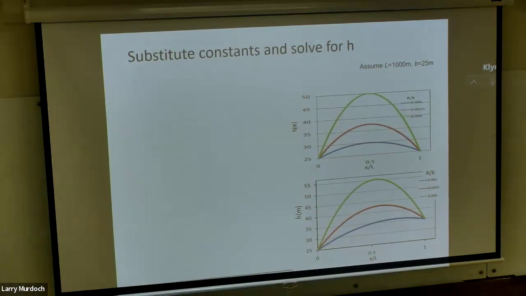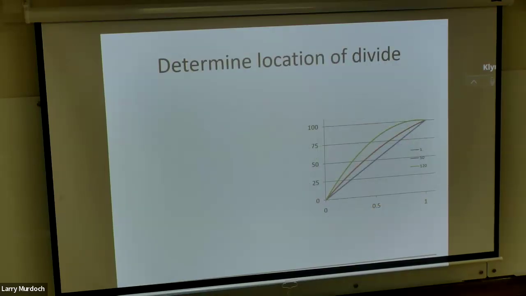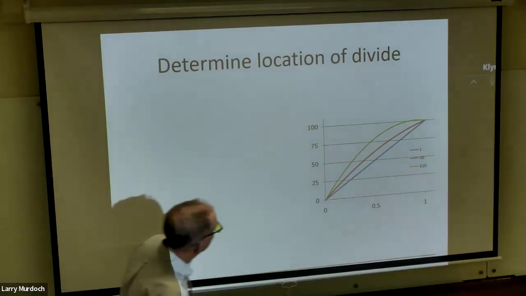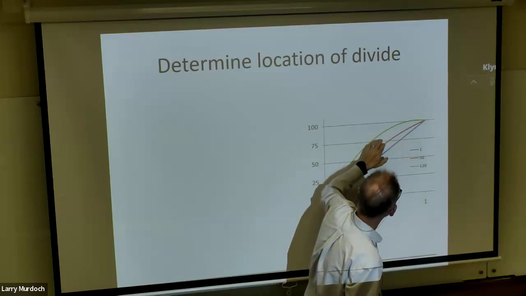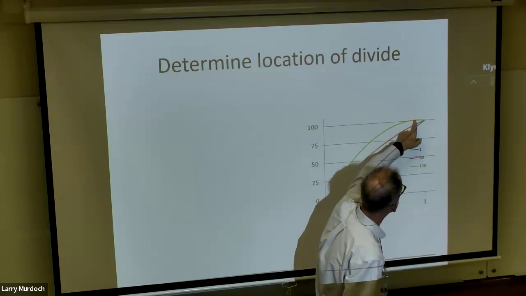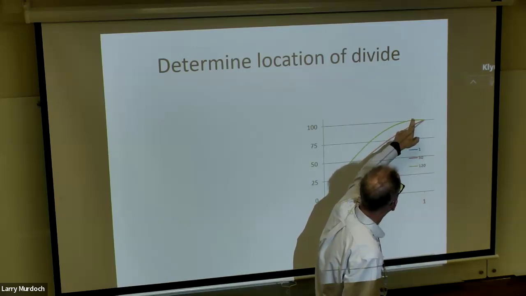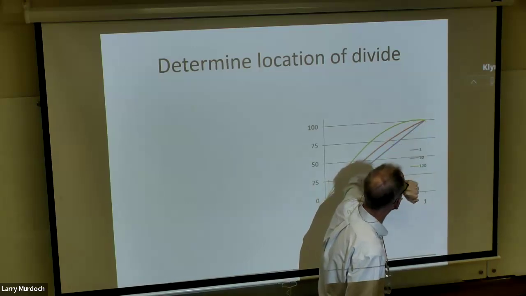Okay, so let's take a look at why that would be. Here it's plotted for some extreme cases, where you can see for this case the divide is right here, so it's moving very close to that stream.